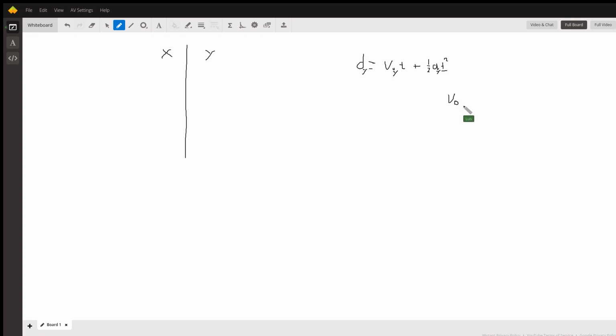But in the vertical, it is actually 0. Why? Think of a pencil: you're starting in the beginning, the vertical at this point is 0, and then it starts moving. Because this is 0, we can completely remove that component of the formula.